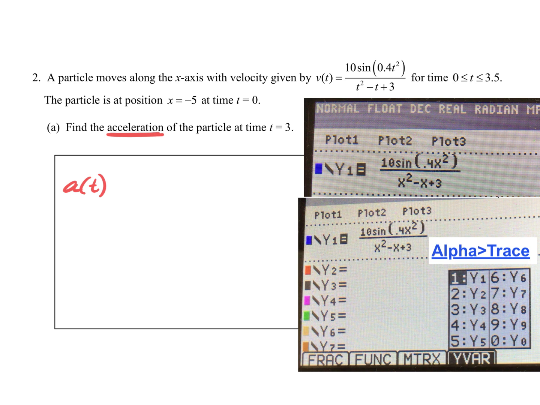Now, I don't think it's required when we look at the scoring guidelines. But you are trying to find acceleration. And although the reader knows that the derivative of the velocity is acceleration, it's probably worth your while to tell them that you know it, that you know that this is the derivative of the velocity.